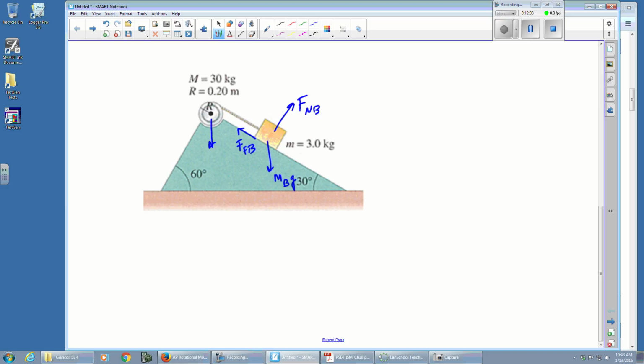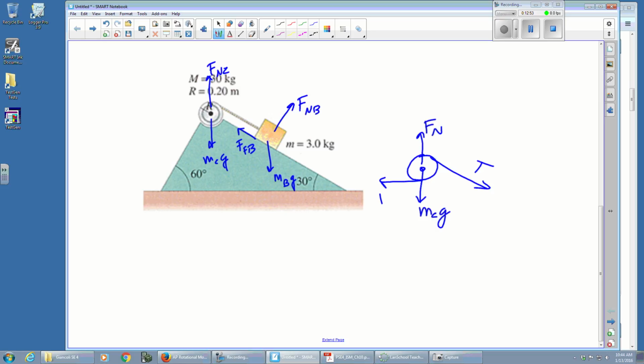Here, we're going to have the weight of the cylinder, and we're going to have the force normal of the cylinder also. And then, let's see, I need to do separate diagrams here where we have the weight of the cylinder, the normal force of the cylinder, and we have the tension on it.